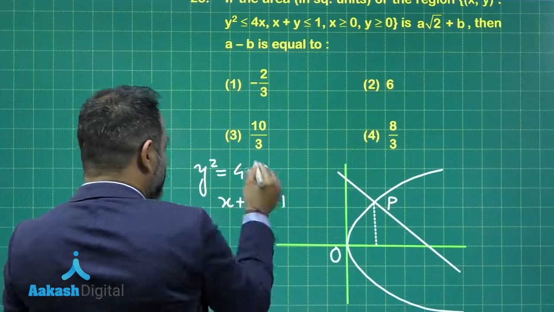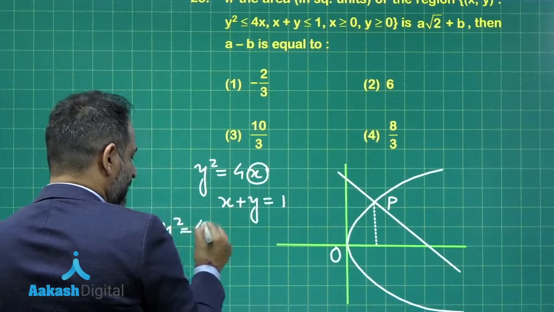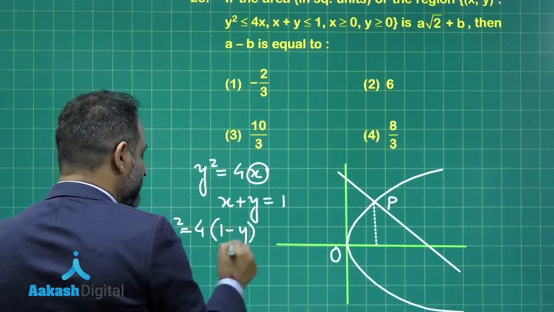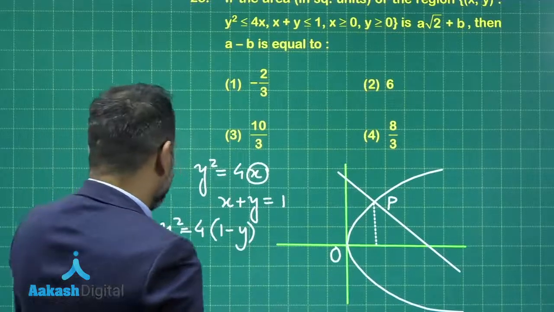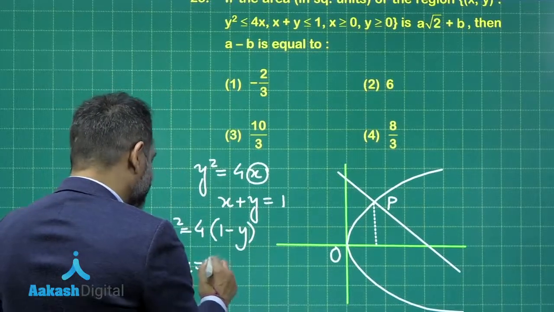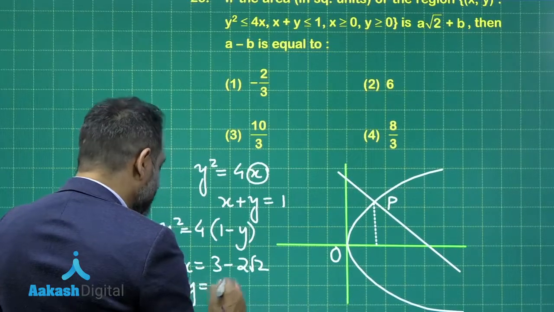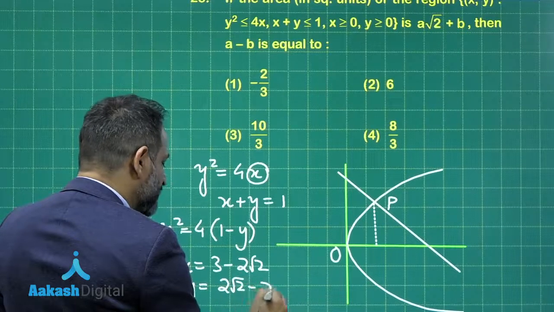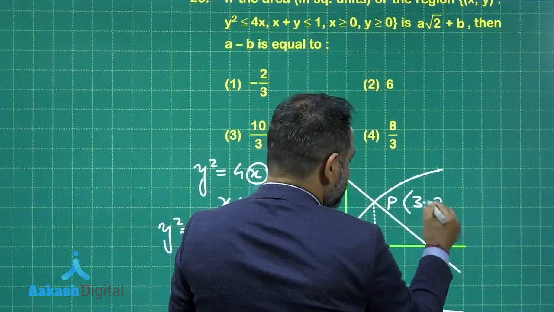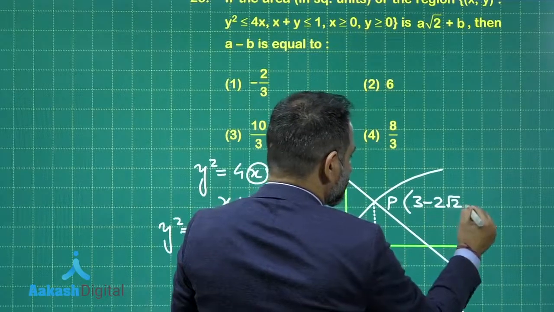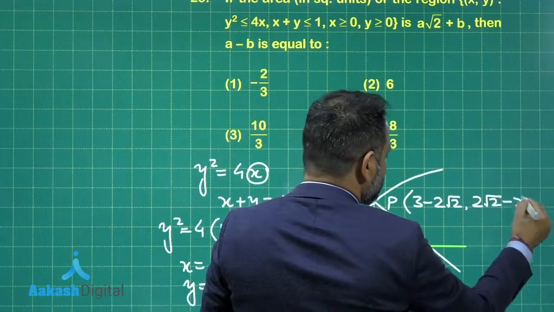If you replace x here with 1 minus y, you will get the intersecting point y, and again you can get x. So by calculating, you will have x here 3 minus 2 root 2 and y will be equal to 2 root 2 minus 2. So this P point is x equal to 3 minus 2 root 2 and y is 2 root 2 minus 2.